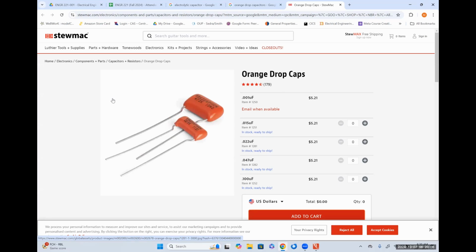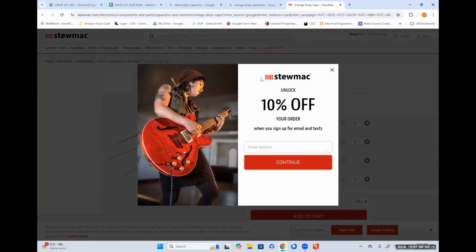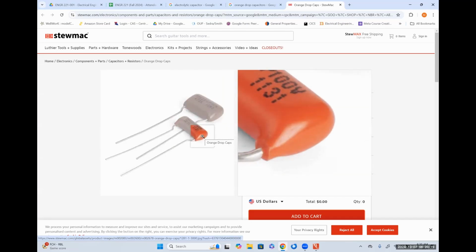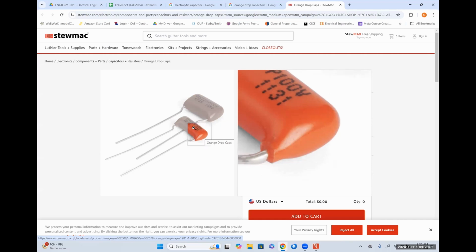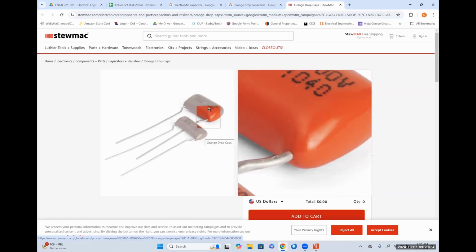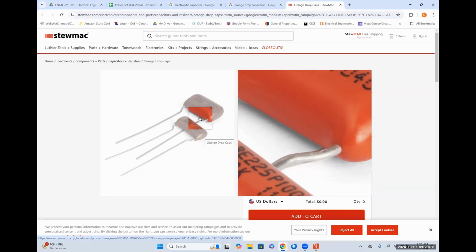These orange drop capacitors, as they're called, because it's literally just dropped in a vat of orange plastic or whatever, are very regularly used in the tone circuits for electric guitars and all of that kind of stuff, which is why I'm at a musical instrument supply website here. But you can also use orange drop capacitors for anything else as well. I just wanted to show you guys. So notice here, there is no marking or anything like that indicating a positive polarity terminal.